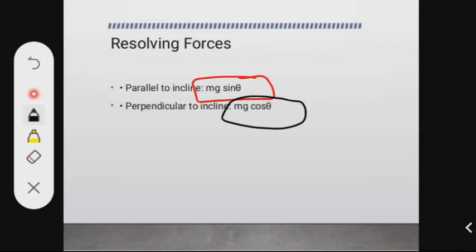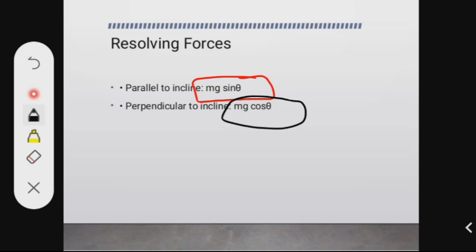Take notes. Frictional force on an inclined plane is always parallel to the inclined plane.